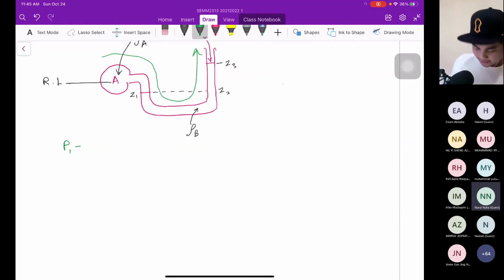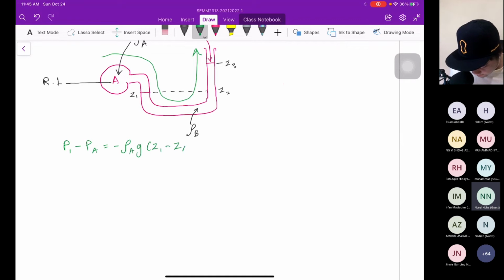P1 minus what? P1 minus PA equal to negative rho A g, Z1 minus ZA. Very simple. Plus, you can see Z1, this is your drawing from here.